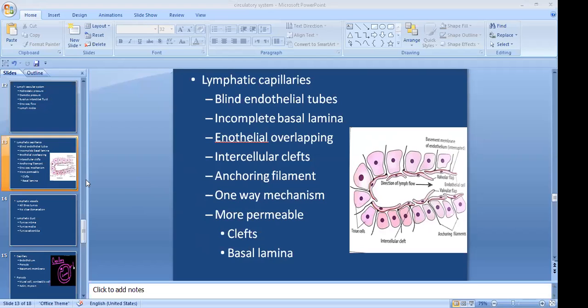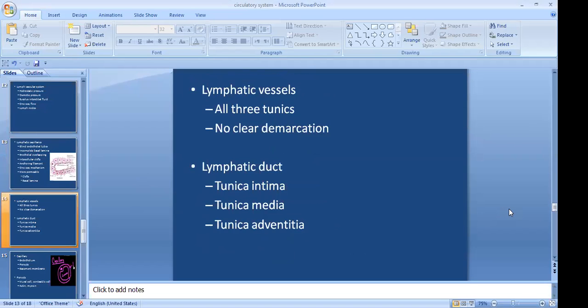Demarcation means they cannot be differentiated. Because in the lymphatic system, there are lymphatic capillaries, lymphatic vessels, and lymphatic ducts. The lymphatic vessels are small in diameter, but they have all the three tunicas, which cannot be clearly differentiated or demarcated.